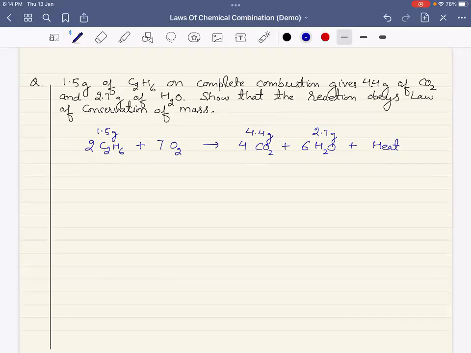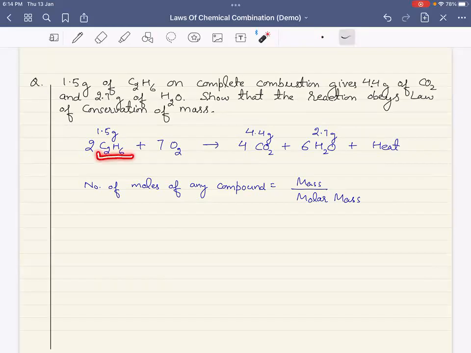For that, we know that the number of moles of any compound is equal to mass divided by molar mass, right? We know the formula. So here our compound given is ethane.